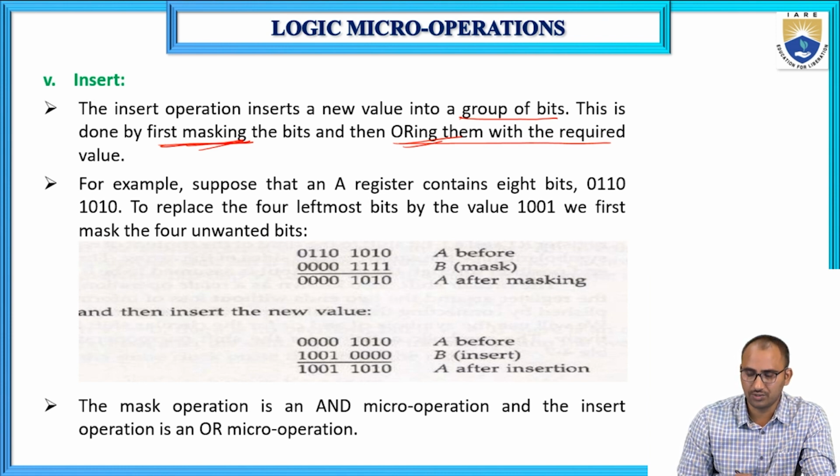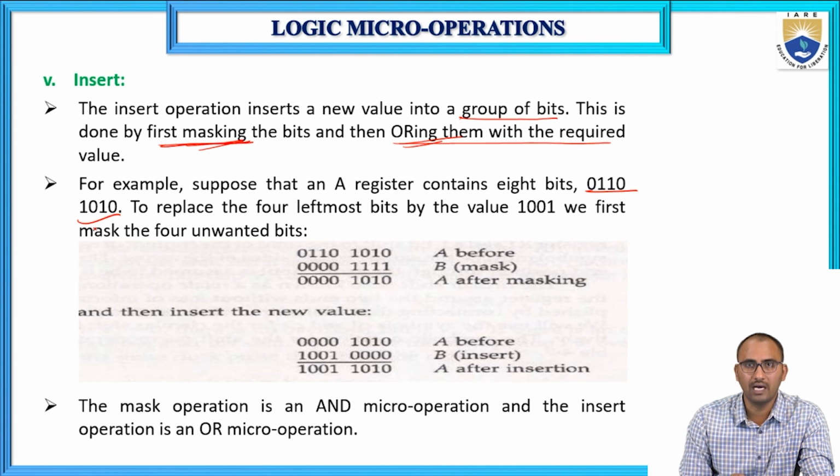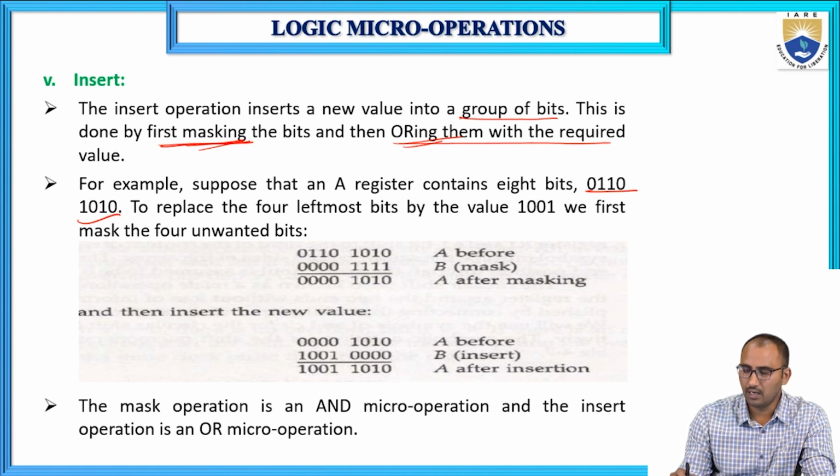Okay, masking operation. For example, suppose the A register contains 0110 1010. We have to mask it. Masking means we are masking the upper 4 bits. These are the upper 4 bits, and we have to make them 0.